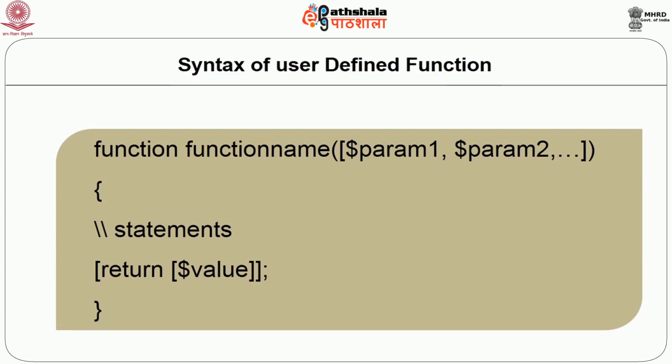And then in the function block you can write statements and optionally a return value, because a function can return some value, and when it reaches the return statement, the execution of the function is stopped and it will pass the value to the calling program. Now if you do not write a return value, then it will return a null value, or if you write only return and do not specify a value, then it will also return null.